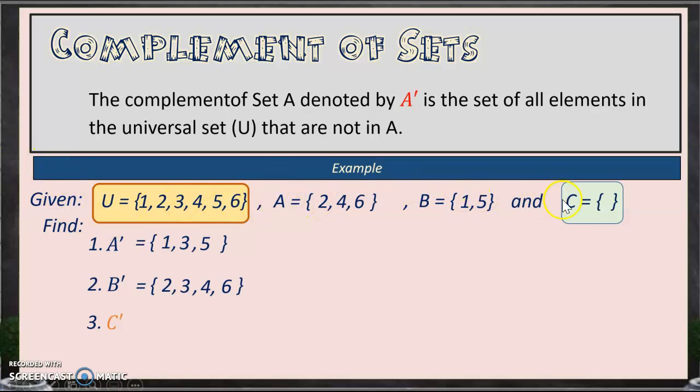It is all the elements of the universal set. You may write C prime is U, or universal set, or C prime is 1, 2, 3, 4, 5, 6. So that is for complement of sets.